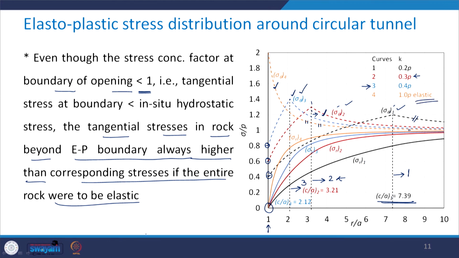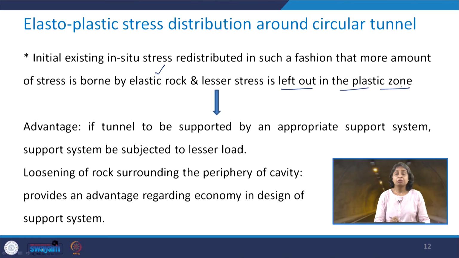So, this is again another conclusion which you can derive from the study of this stress distribution around the circular tunnel when the rock follows elastoplastic condition. What we can have from here is that the initial existing in situ stress gets redistributed in such a fashion that more stress is borne by the elastic rock and less stress is left in the plastic zone.